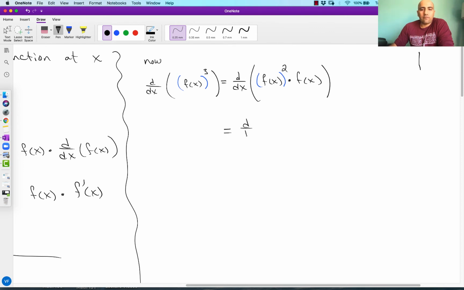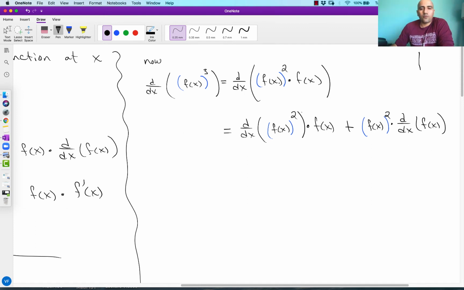It's got to be the derivative with respect to x of the first one, which we said was f of x squared, take the derivative of that, multiply that by f of x, plus now leave that first one alone, f of x squared, times, and now the derivative with respect to x of the second one, f of x.